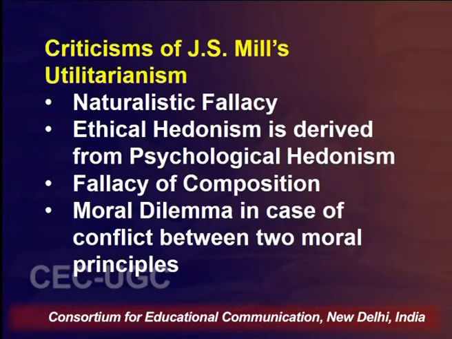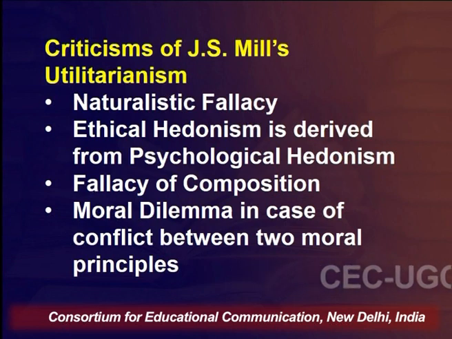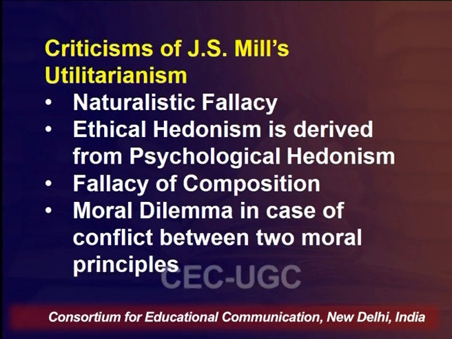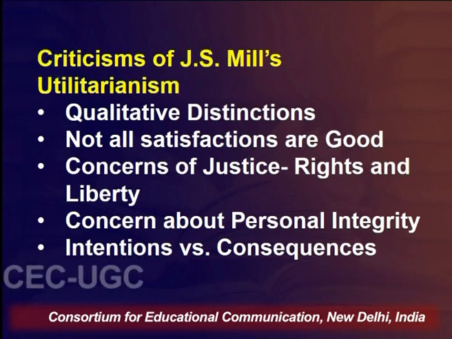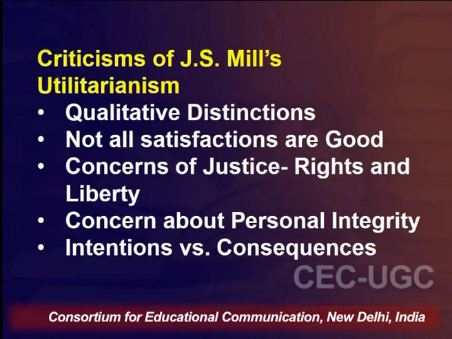One of the crucial ones is giving rise to the naturalistic fallacy, ethical hedonism being derived from psychological hedonism, committing a fallacy of composition, moral dilemma in case of conflict between two moral principles being unresolvable. Then the whole point raised by Mill about qualitative distinctions and how to navigate and understand these distinctions.